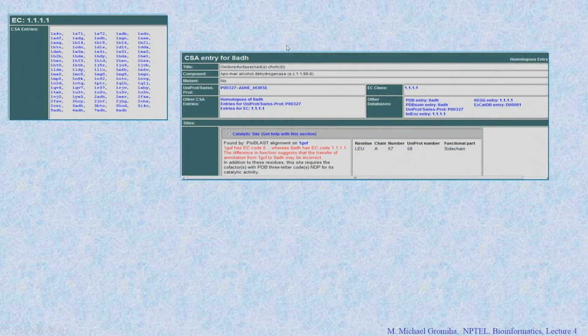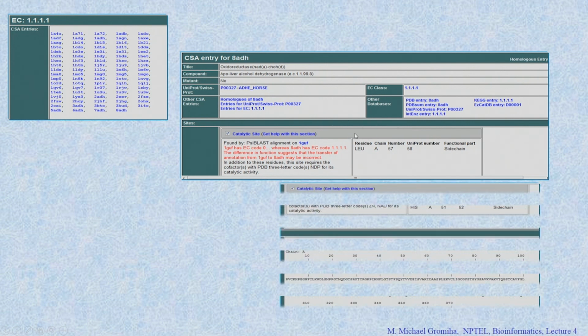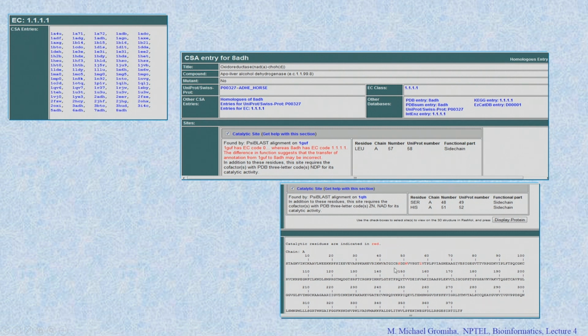Here we can see the different codes, and if you select any of these codes, say 1A71, this is for ADH, an oxidoreductase, and they give you the functionally important residues such as the catalytic site residues. Now, if you go here, you can see some letters in red: this serine, this histidine and this leucine.